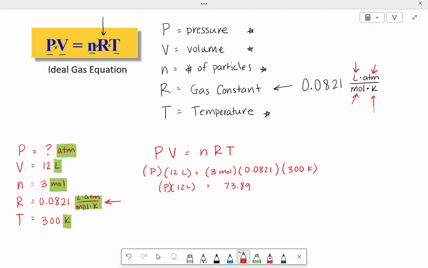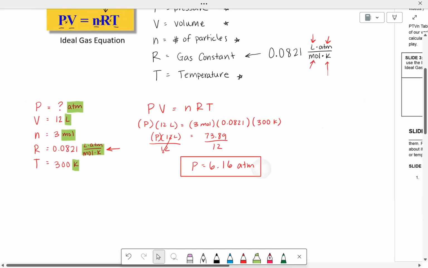If we want to get P by itself on this side, we have to divide both sides by 12, and we end up with a pressure of 6.16 atmosphere, because it is pressure and our gas constant includes atmosphere. Okay, that's one way you can do it. I call it plug and chug, because you literally just plug numbers into the equation.